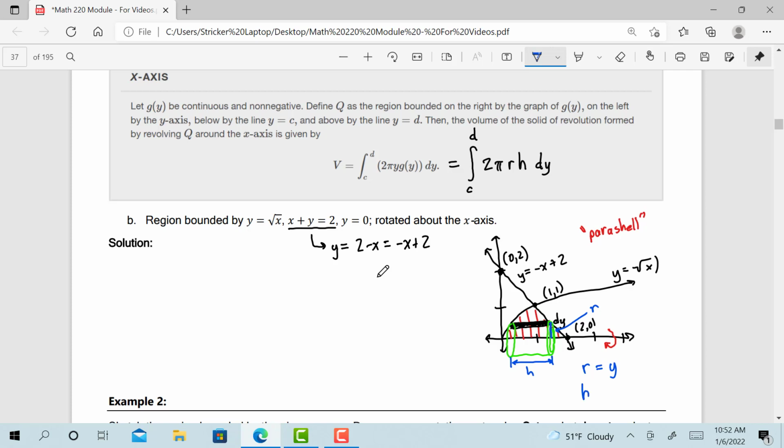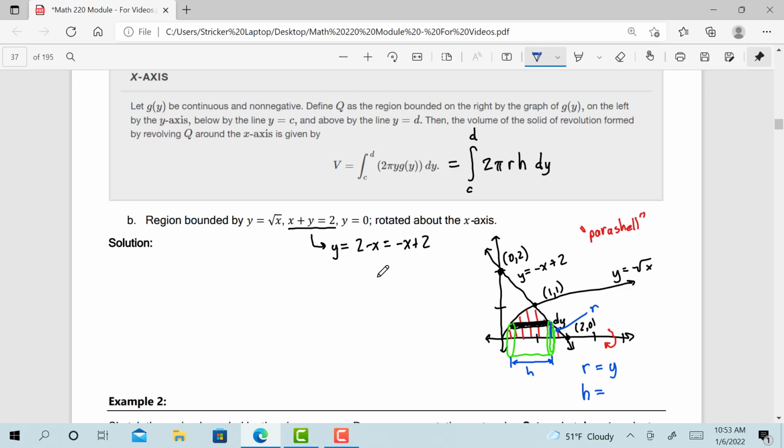Now the h, on the other hand, is the distance between the line y equals negative x plus 2, right? It's this horizontal distance, which is x, but it's not the full x because it doesn't go all the way back to 0. So it's this line minus the square root of x.